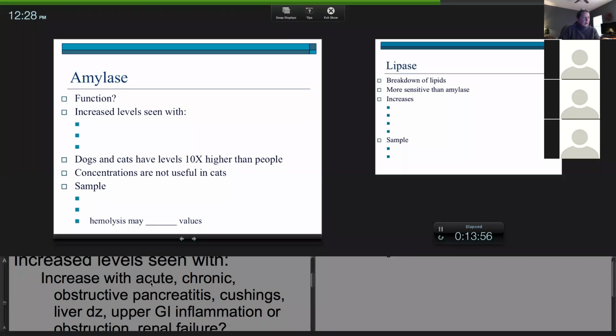So it can be acute, chronic, or obstructive pancreatitis. I will tell you, if we suspect pancreatitis, which can be an awful disease in animals, one of the first values we're going to look at is amylase. We're going to evaluate amylase, and that's going to be a really sensitive indicator of pancreatitis.